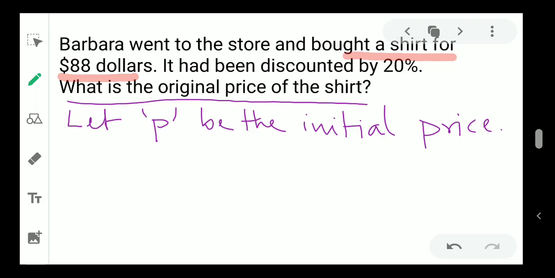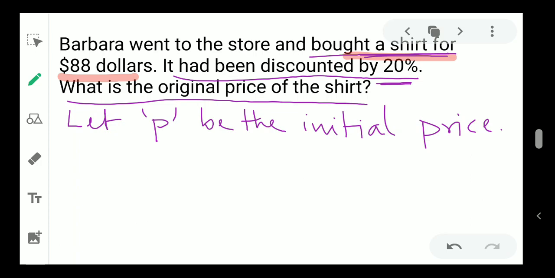Now what is the reference value? The reference value is the final price of the shirt. So I have to find one expression for the final value of the shirt if the shirt has been discounted by 20%. So this is my condition right now, that 20% is the discount. So what is the discounted price?